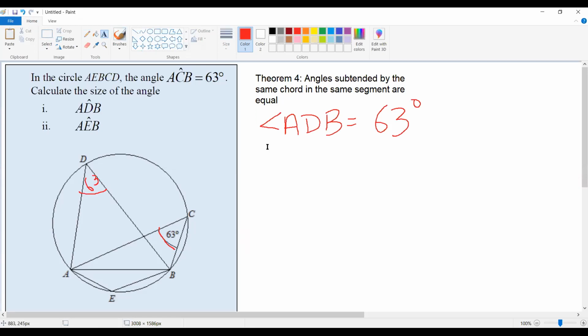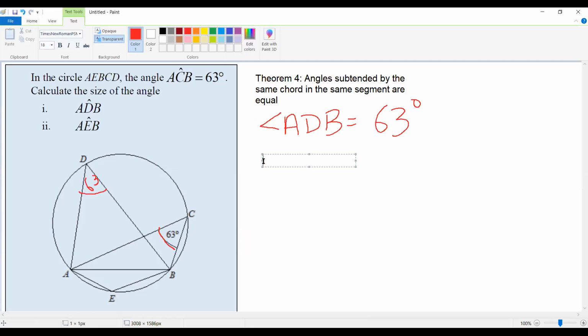Let's look at the next part of the question now, part 2. This would have utilized theorem 6, which says that opposite angles of a cyclic quadrilateral are supplementary.